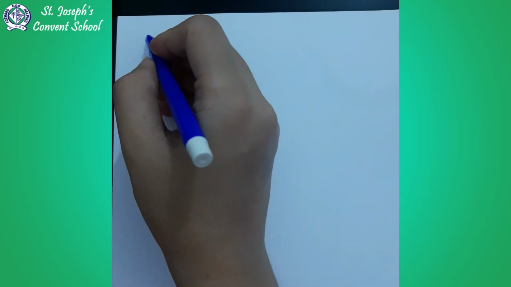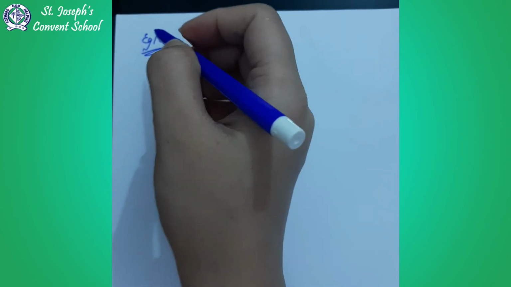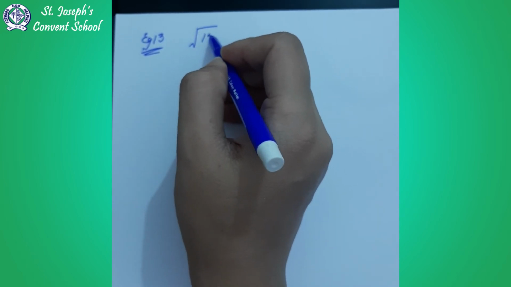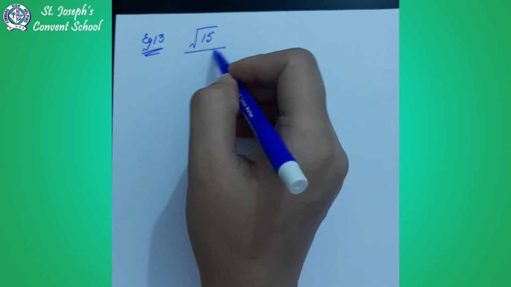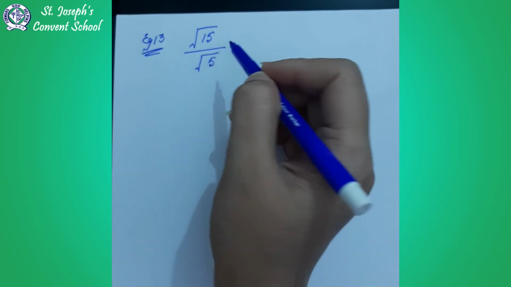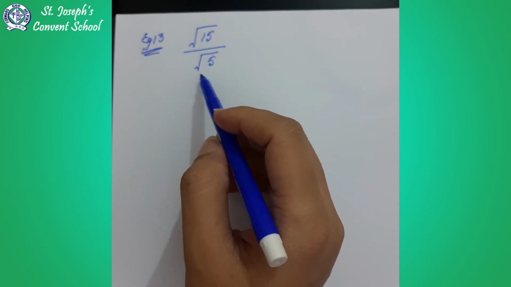Let's do the next example, number 13. The question is under root 15 upon under root 5. Now you can see both numerator and denominator are in root sign.